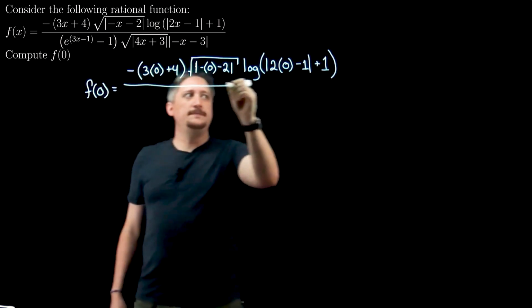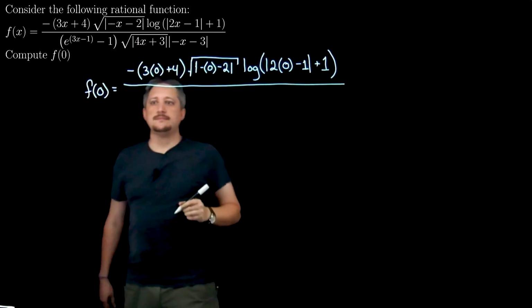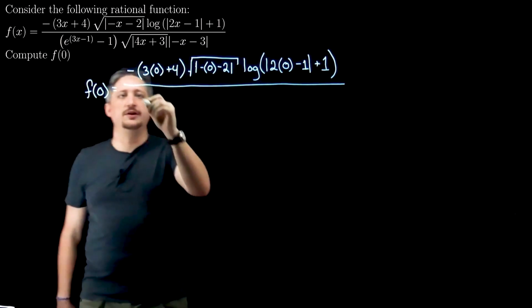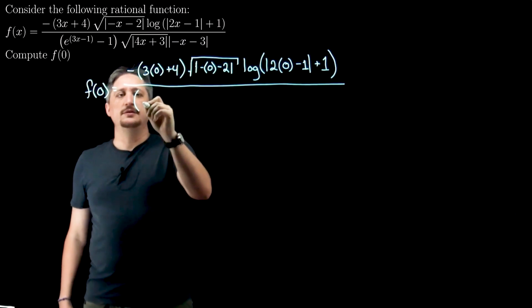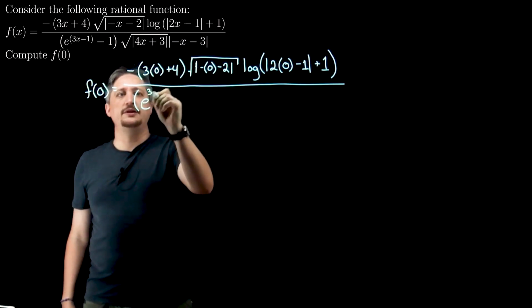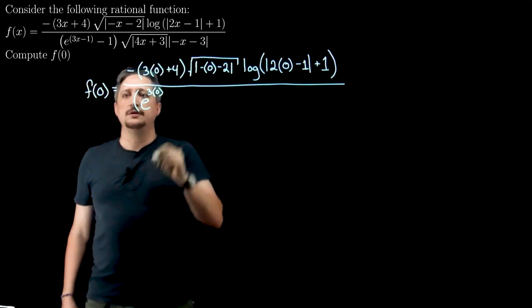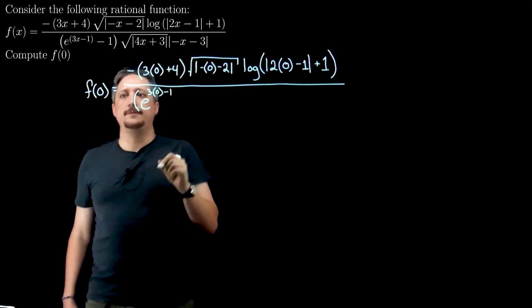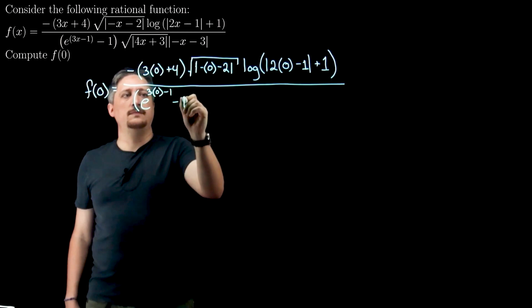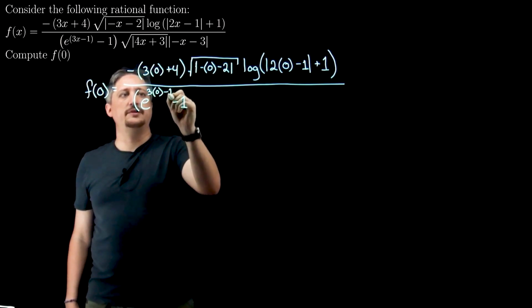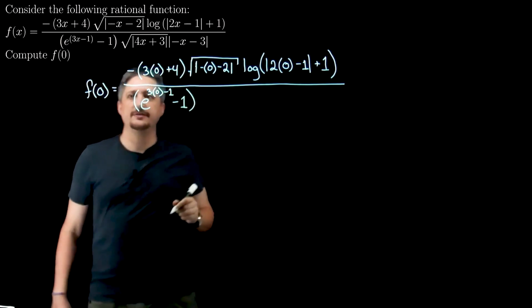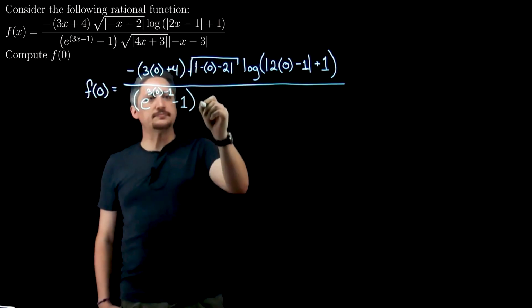All of this over. Same deal on the bottom. So here we have open parenthesis, e to the (3 times 0 minus 1), all minus 1. I want to try to make the ones a little obvious, at least in this first part.